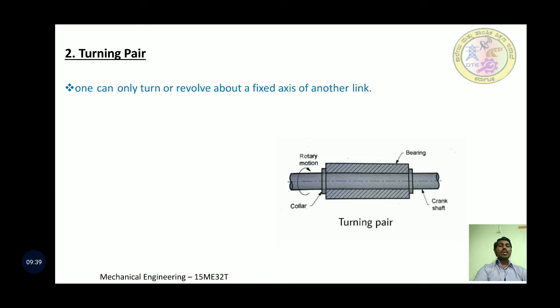For example, a shaft with collar at both ends fitted into a circular hole so that only rotary motion is possible.